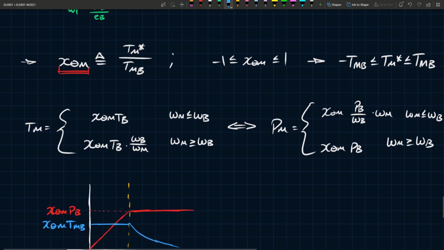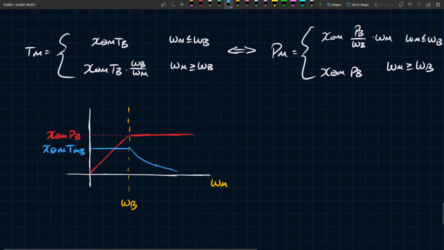And then finally, we officially introduced this parameter called x theta m. I think we introduced it in a previous video informally to just say that we can do some stuff. And then we finally arrived at this characteristic, which is adjustable, which is a very convenient thing to do. And again, we'll look at how to control this later at some point.